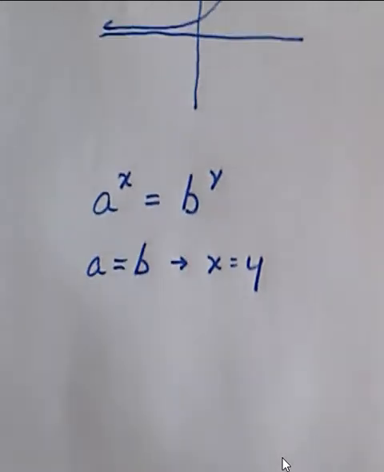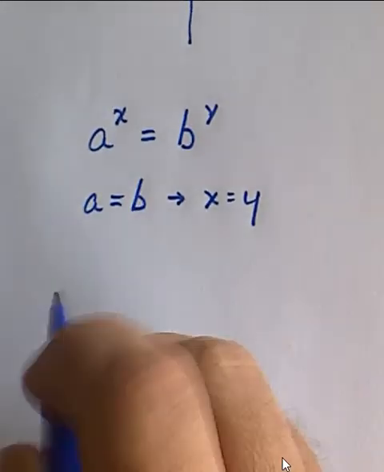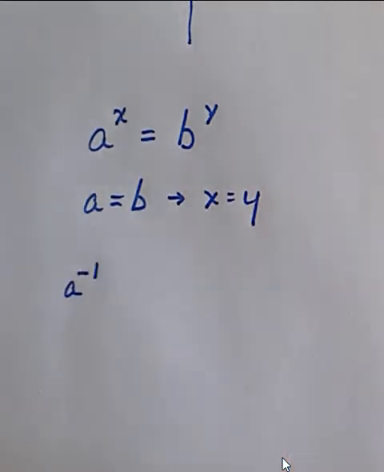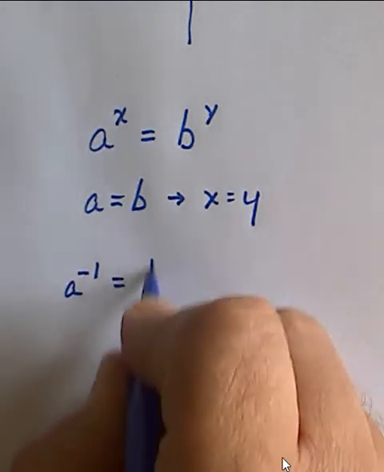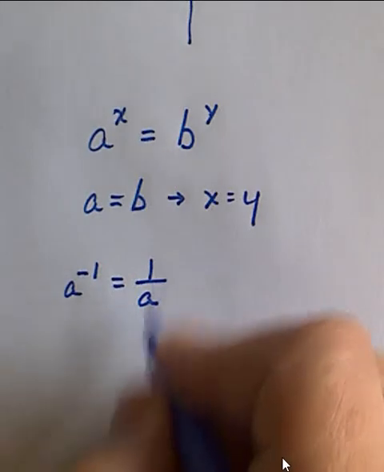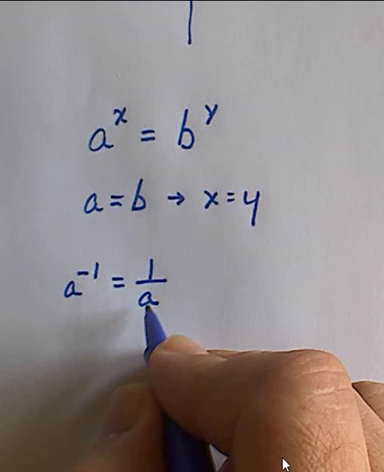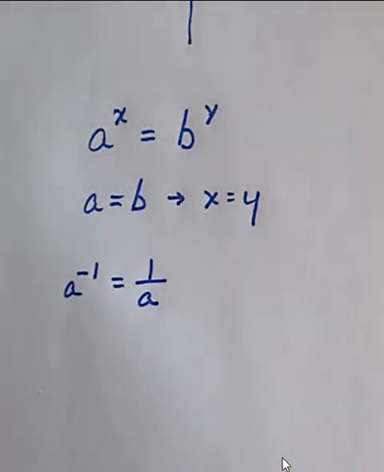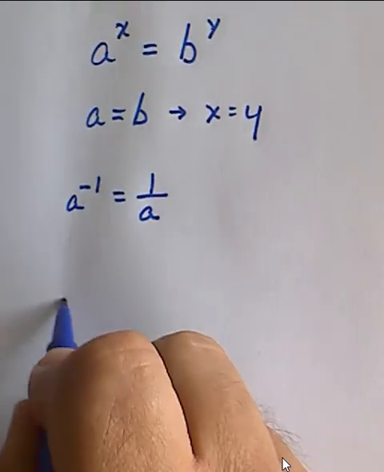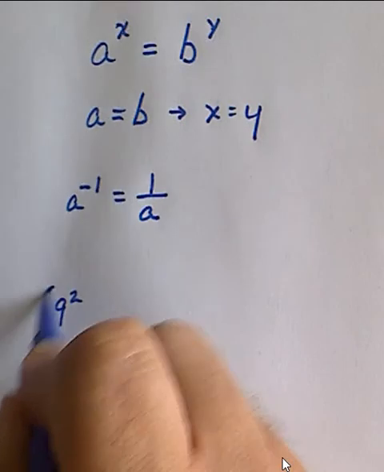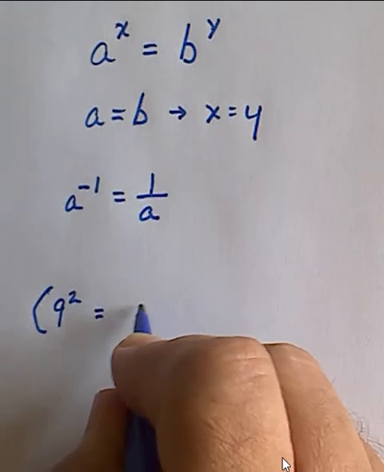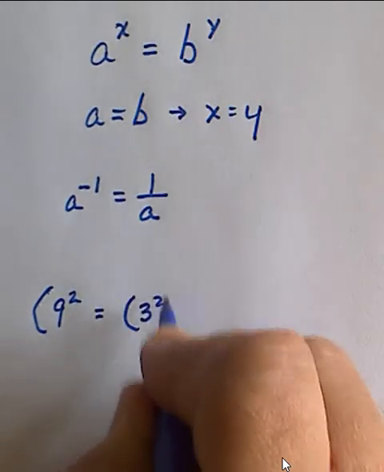Just a reminder of a few things that'll come up. Remember that if you have a to a negative exponent, that means we can write its reciprocal, or vice versa. If we have a fraction like this, we can take that a and bring it to the top using an exponent. We can also take numbers. If you have a number like 9 squared, that's the same thing as 3 squared, squared.